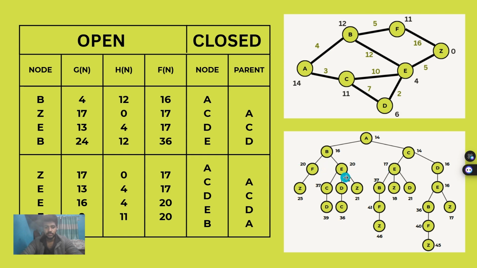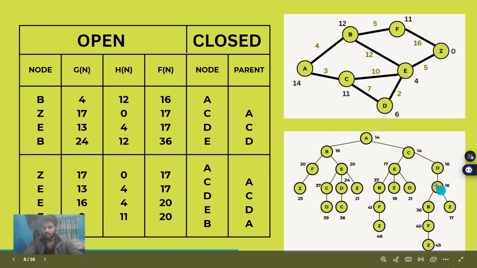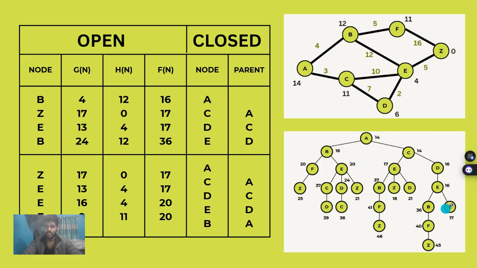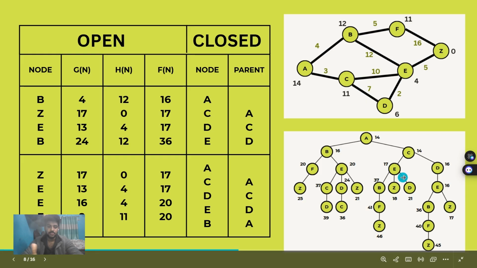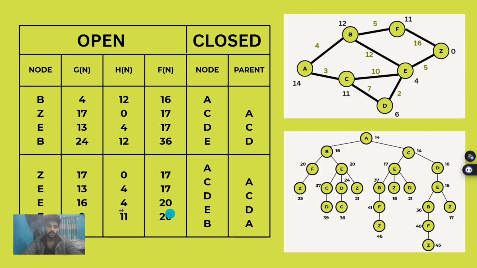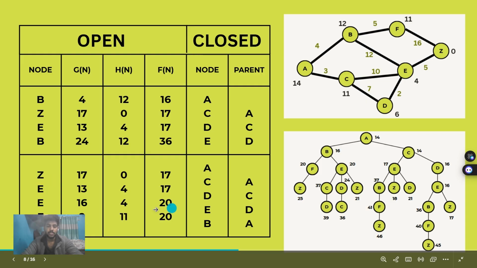From these values, 20, 20, 17, and 17, the 17 is the least value, but it has two values. As my goal is Z, I'm going to choose Z as the first value, and I'll arrange it as Z, E, E, and F, which is 17, 17, 20, and 20. From the previous state, I have closed this B value and written the parent as A, as B's parent is A.